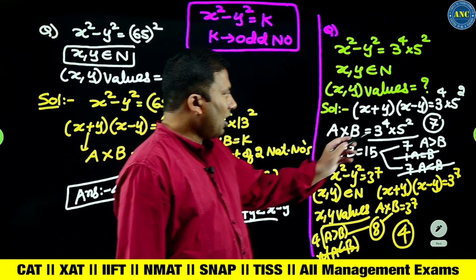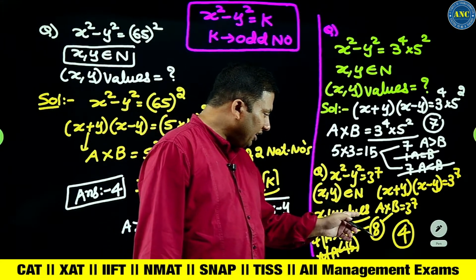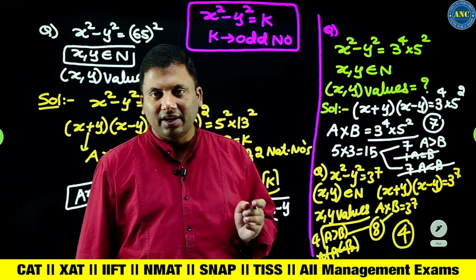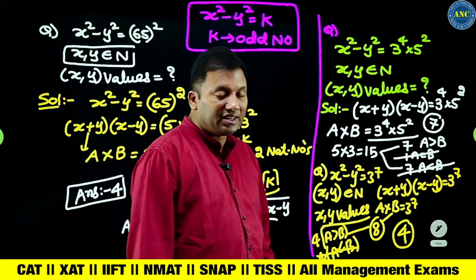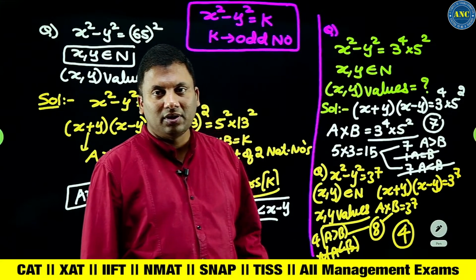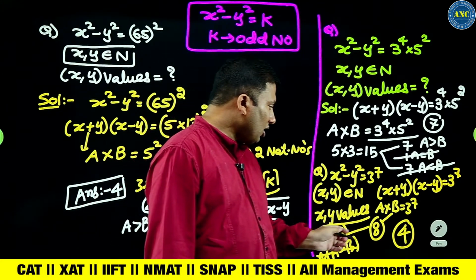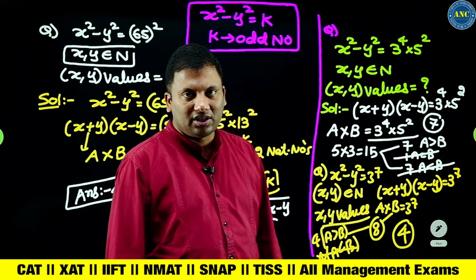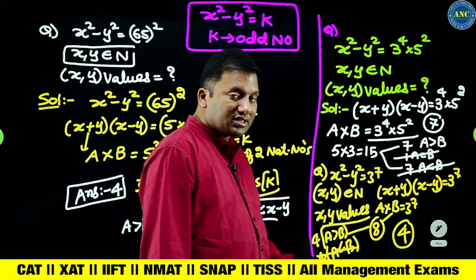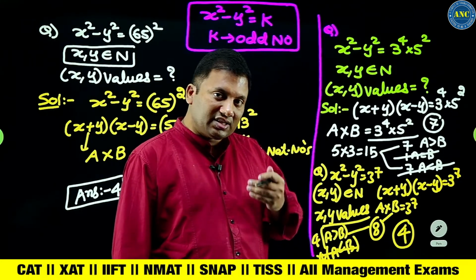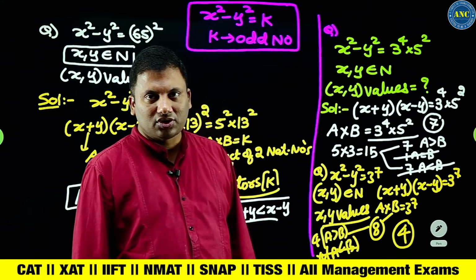If it is an odd number, I will get a case A equivalent to B. If it is an even number, you will get A greater than B and A less than B. The sum of two natural numbers cannot be less than their difference, so that is not possible. We got 8 cases, 4 with A greater than B and 4 with A less than B. The A less than B case is eliminated, so the answer for this question is 4.